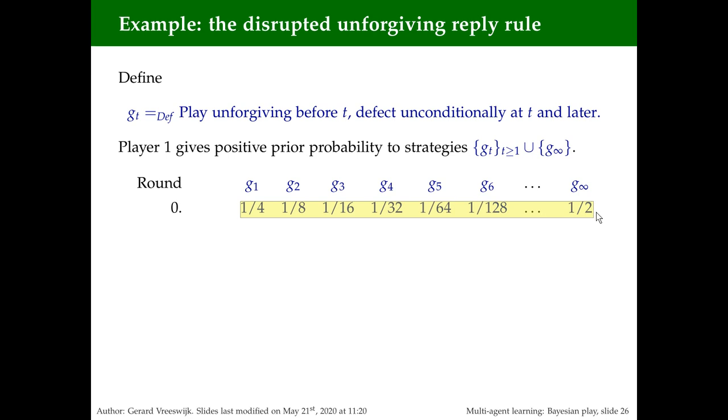So in the first route, player 1 gives prior probabilities to those strategies. And here there are countably many, because you first have that there's no unconditional defection, and then you have the countable row here.